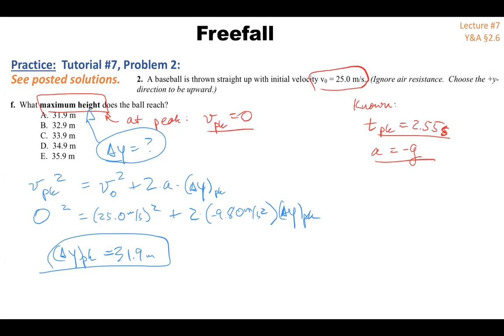Or we could use our second equation of kinematics. The displacement at the peak would be equal to v naught times the time it takes to get to the peak, because now we know that, plus 1/2 a t squared, where that t again is the time at the peak. If you plug those values in, you'd get the same answer.